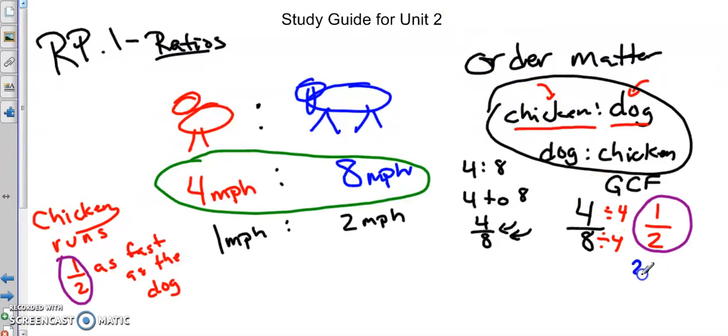We would have 2 over 1, because this is the dog. Oops, I spelled dog correctly. Dog to the chicken. So that means that the dog runs 2 times as fast as the chicken.